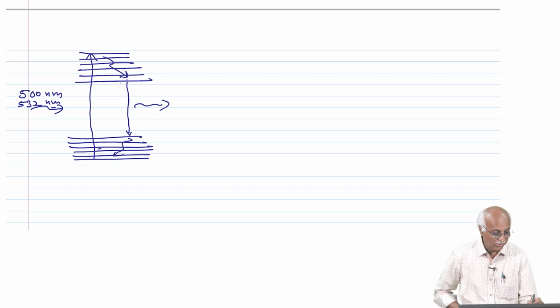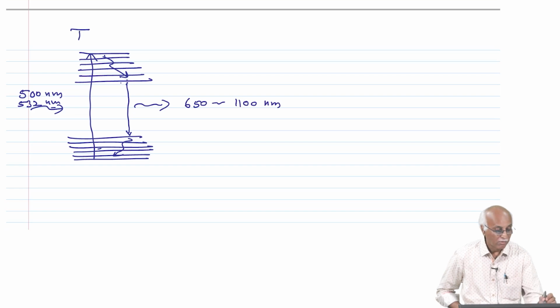Depending upon which energy state is getting excited and how the transition takes place, the output wavelength varies from 650 to 1100 nanometer for a titanium sapphire laser.